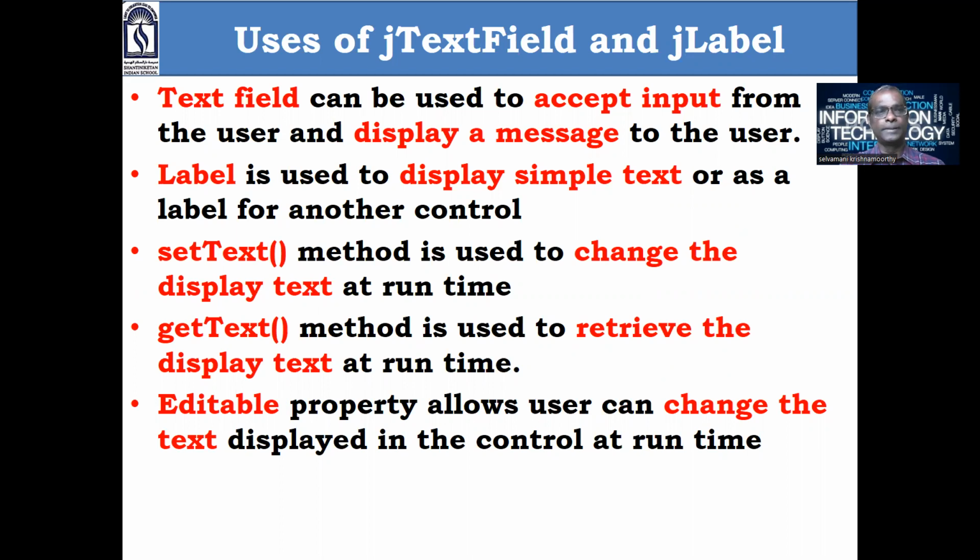First, we already studied that a text field can be used to accept input from the user. It is also used to display a message in the form of output to the user. So a text field can be used to accept input and display output to the user. You must confirm.